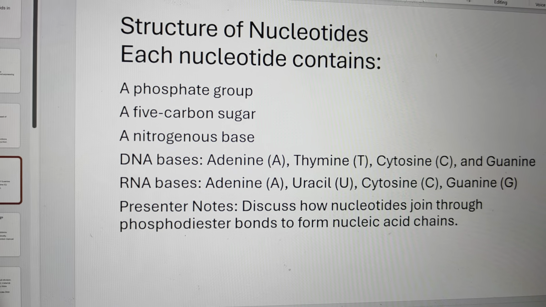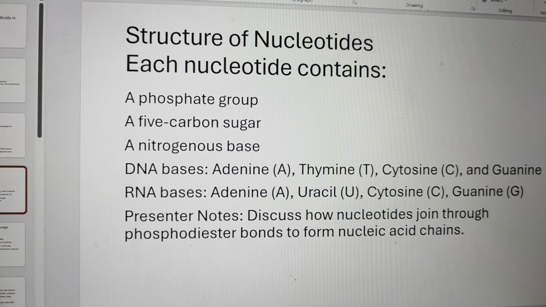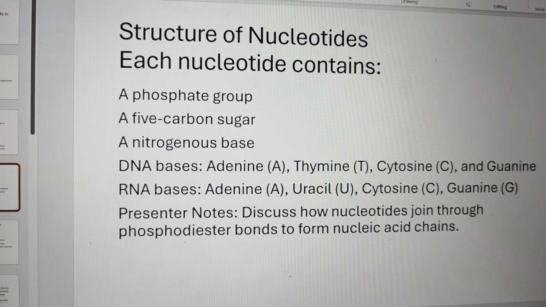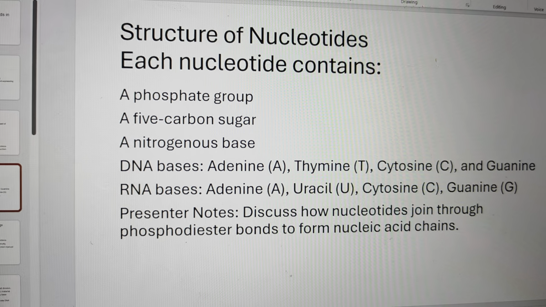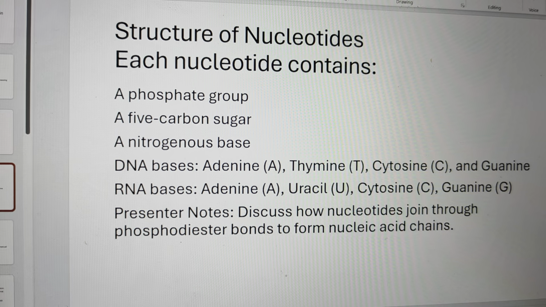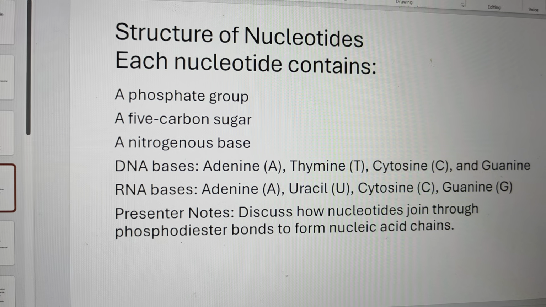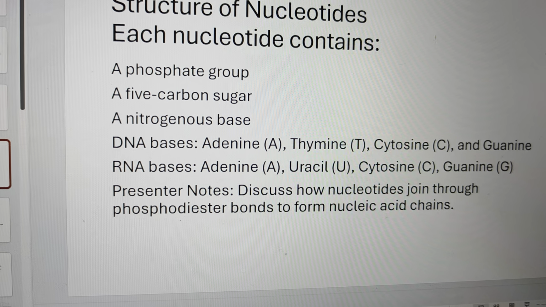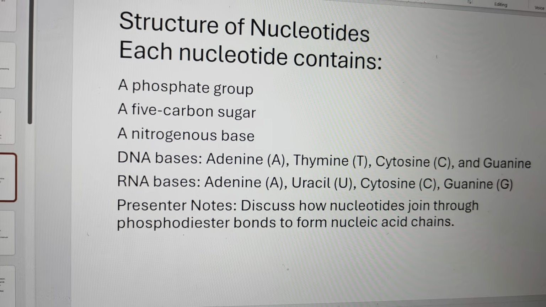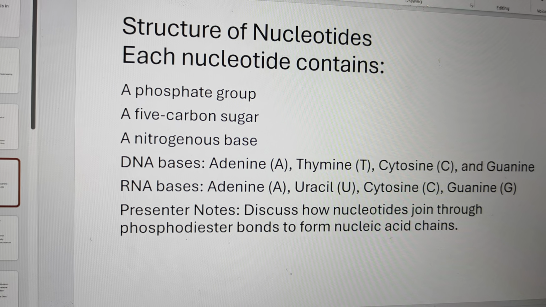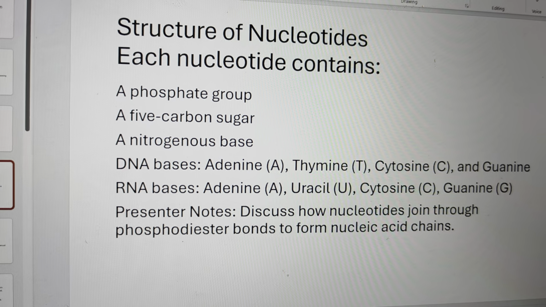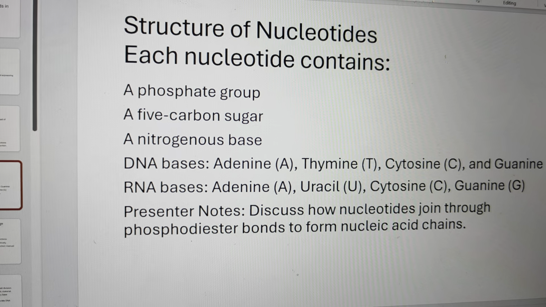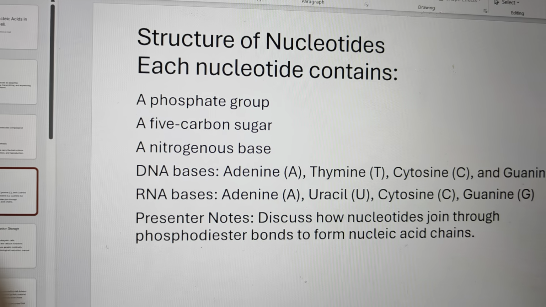The DNA bases are adenine, thymine, cytosine, and guanine, whereas RNA bases are adenine, uracil, cytosine, and guanine. Thymine is replaced by uracil in RNA. The note for this discusses how nucleotides join through phosphodiester bonds to form nucleic acid chains.